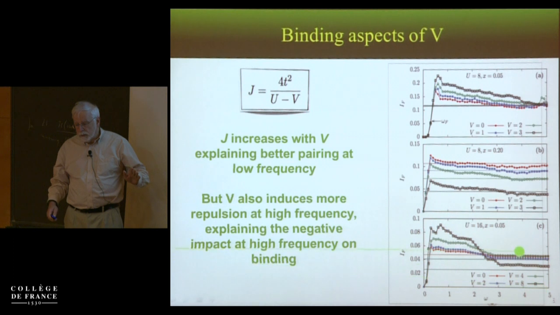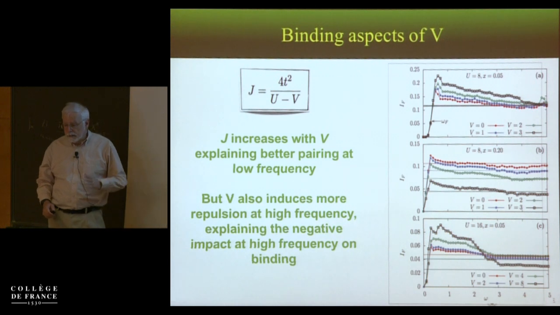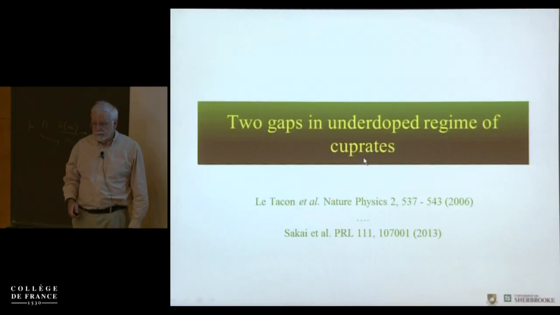With V equals 8, it will be 4 over 8. So it will be twice as big. It's about what occurs here. And you see how remarkable it is. We still have superconductivity. J is a quarter here. The J we would have guessed from just U is a quarter. And V is 8, so it's 32 times larger. And still superconductivity survives. It would never do this at weak coupling.